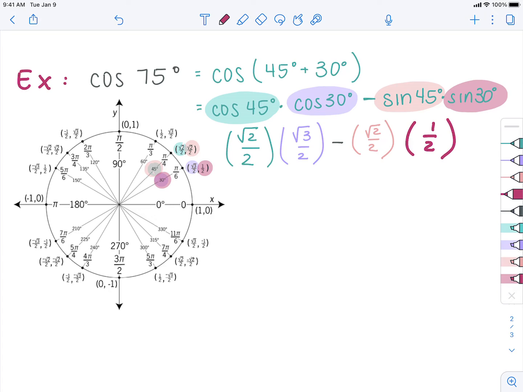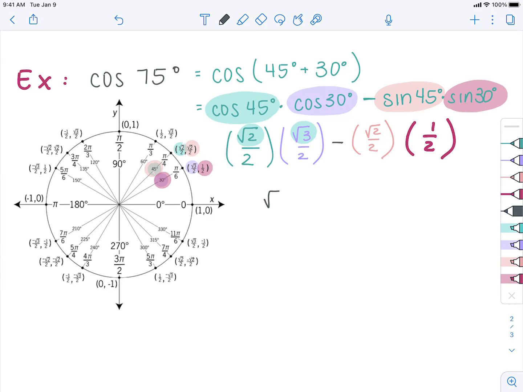So I say, okay, cosine of 45 degrees, and I pull out those numbers. And now I'm just going to simplify this as much as I possibly can. So the first part, I'm going to do root 2 times root 3, and because they're both square roots, I can multiply them together.